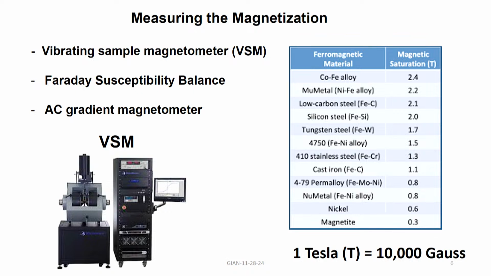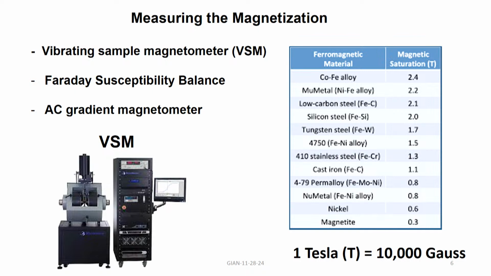This figure shows a typical VSM, and the one on the right is the power supply and all the electronics for the system. What is shown on the left is an electromagnet that will apply a magnetic field to measure the magnetization as a function of the static magnetic field.